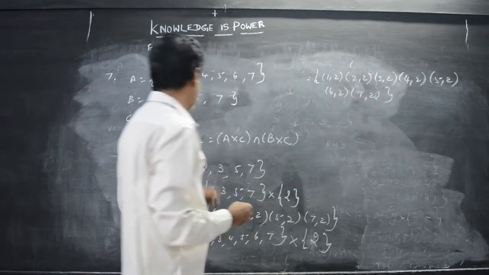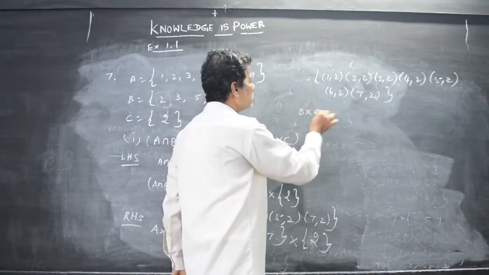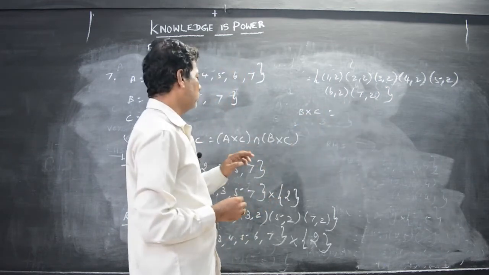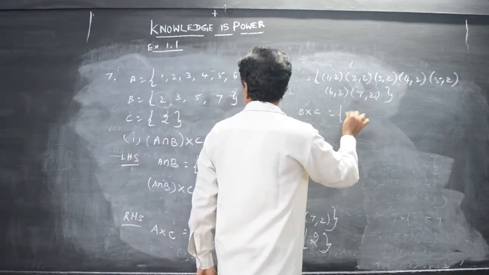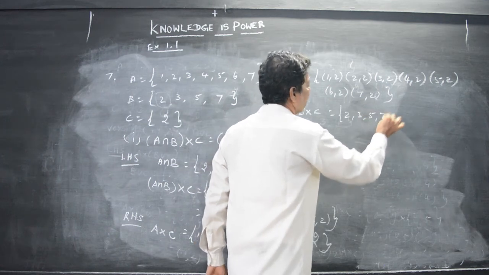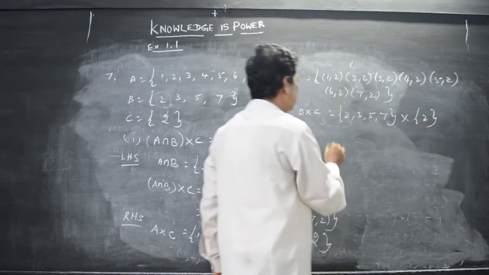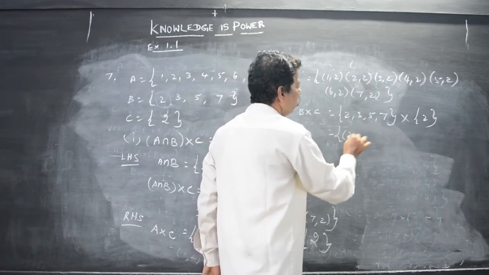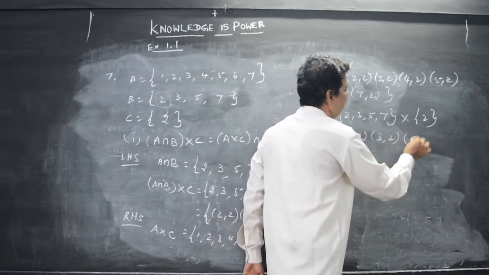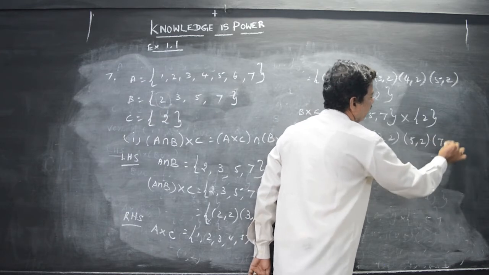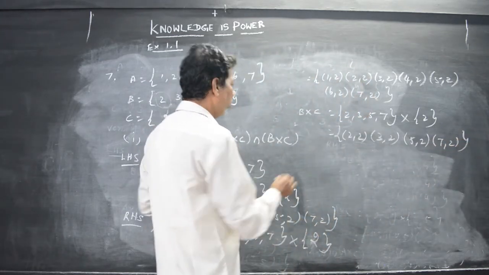So this is the answer for A cross C. Now B cross C. B cross C means you have to write B and C. B is nothing but 2, 3, 5, 7 and C is nothing but 2. In the same way we proceed: (2,2), (3,2), (5,2), (7,2).